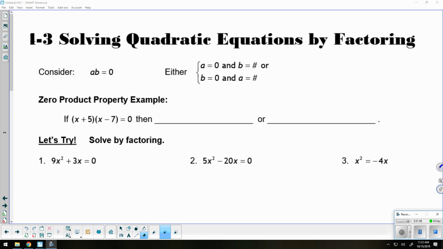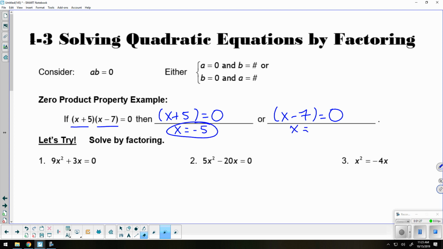So if we have something like x plus 5 times x minus 7 is equal to 0, that means one of two things must be true: x plus 5 equals 0, or x minus 7 equals 0. Solving both of them gives you two answers. You subtract the 5, x is negative 5, add the 7, x is positive 7.